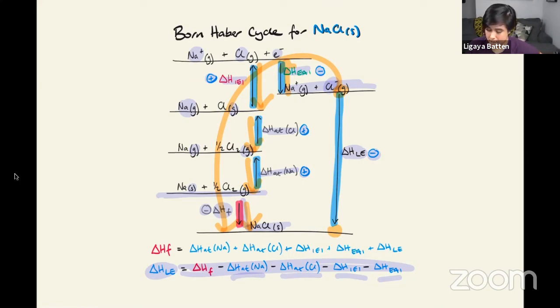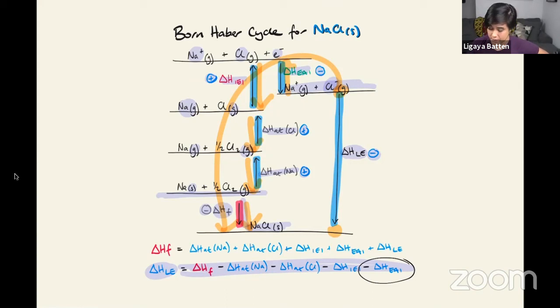This first electron affinity is a negative change, but we're going to go against the arrow. So we've got a minus the electron affinity, which will actually give us overall a positive.